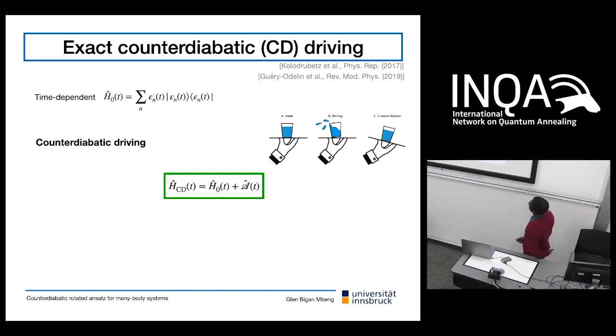So the idea of counterdiabatic driving is that we want to add a term to the Hamiltonian, here A, which is meant to suppress transitions. So in the usual picture of the waiter, if the waiter doesn't move, everything is fine, the glass is not pouring. If the waiter moves slowly or starts a bit accelerating and is not an expert waiter, like someone like me, he will just pour the water.